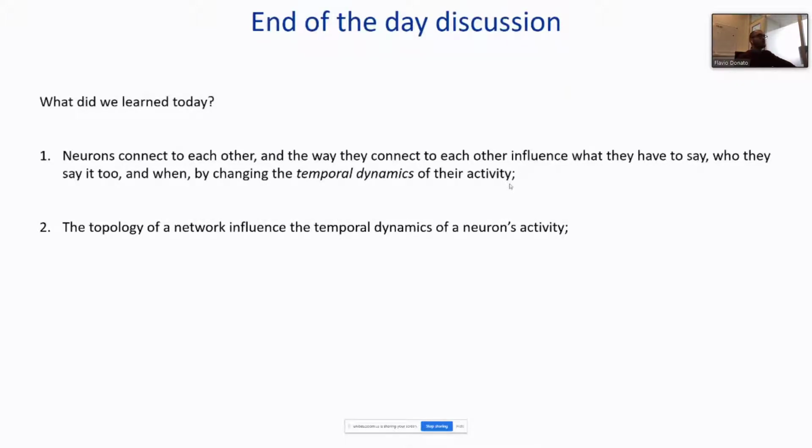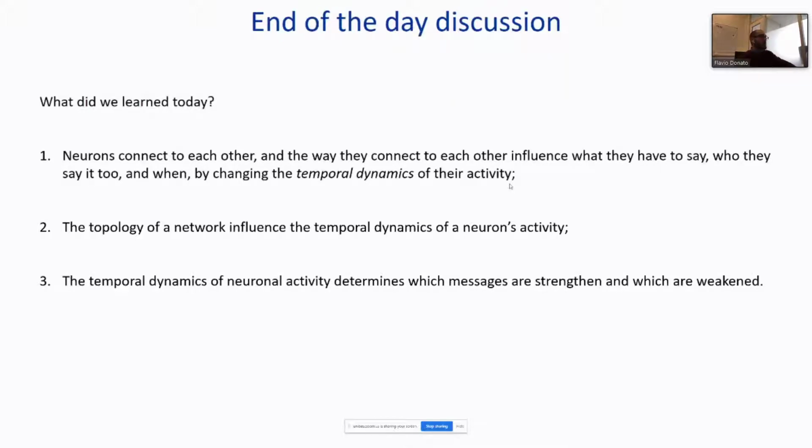The topology of the neuron, meaning the way in which the individual circuit motifs are combined with each other, defines the temporal dynamic of a neuron's activity, and you have seen this in your examples. This temporal dynamic defines which messages are strengthened and which ones are weakened, because they basically select which neurons are coactive, and on which synapses you can apply the rules of LTP and LTD.